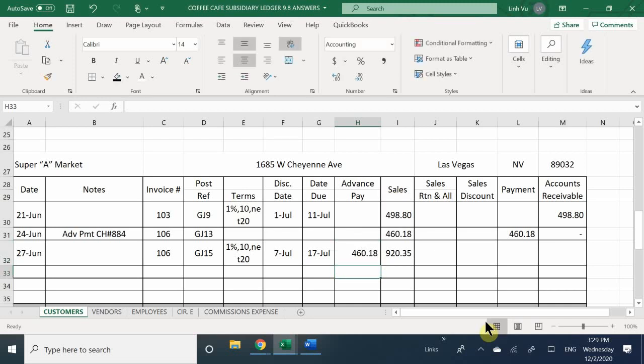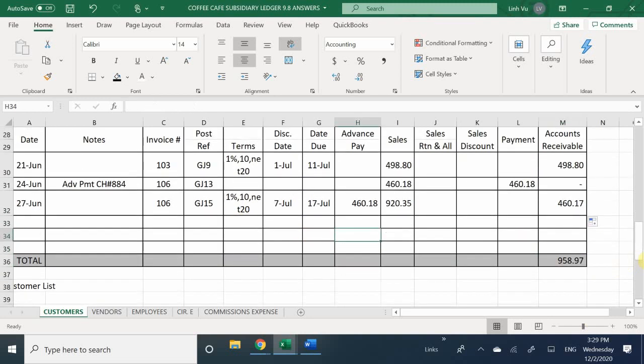So now I put this 460.18 in the advanced payment column on this line. Correct. Pull this down. So then 460.17 is due on this invoice, bringing the total balance to 958.97 due.